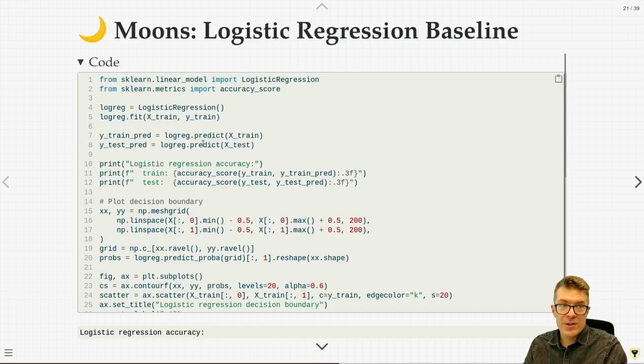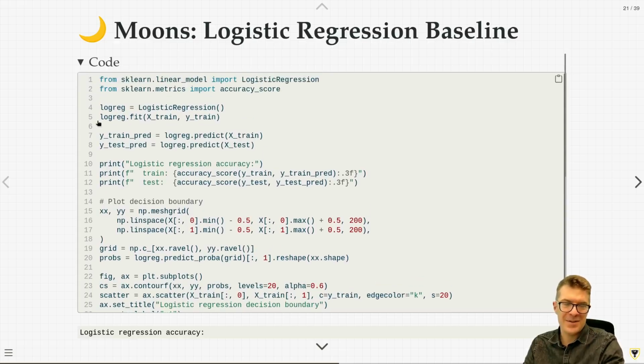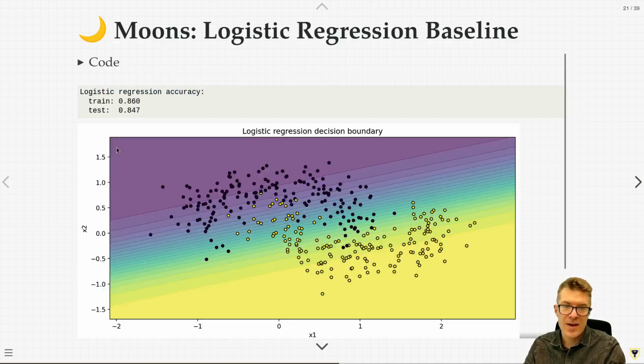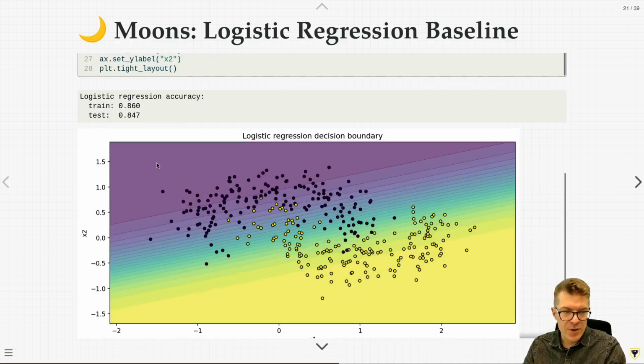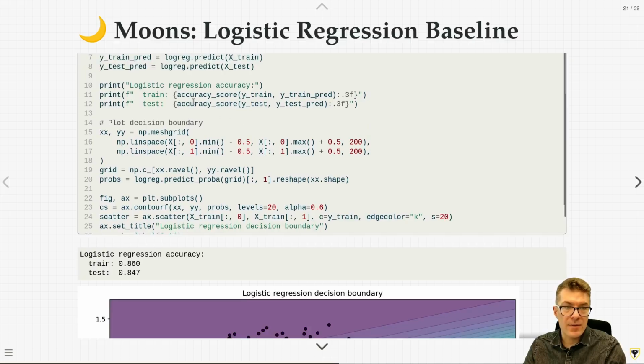So we can go back to our logistic regression. We've seen this several times already, so I don't need to get into it too much. Again, I'm not using pipelines here, so naughty, but this is for illustration only. We have a logistic regression, we have a train test split, we have a visualization, and we have accuracy shown here on train and test, as indicated there already.